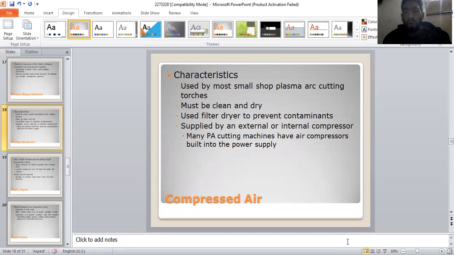If it is used by a small shop or cutting torch, it must be clean and dry, so use a filter to prevent contaminants. It's very important to consider this factor. If you don't, it will result in distortion, and sometimes it may cause an electrical short within the DC source, which totally heats up the setup.